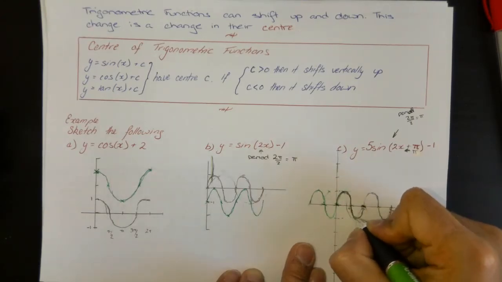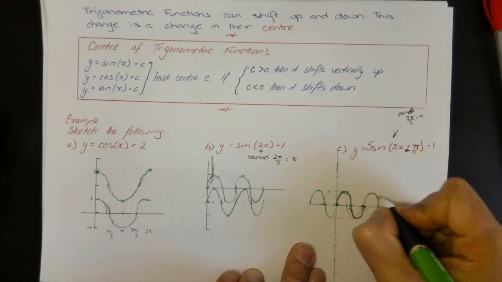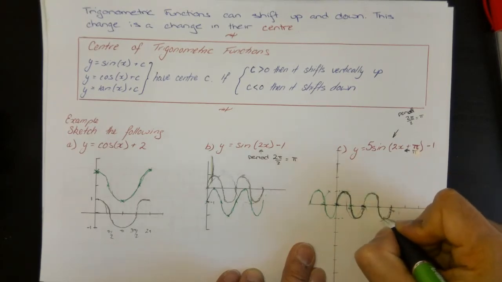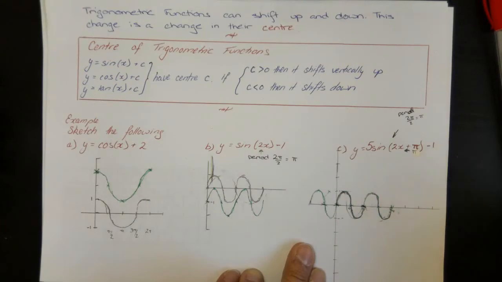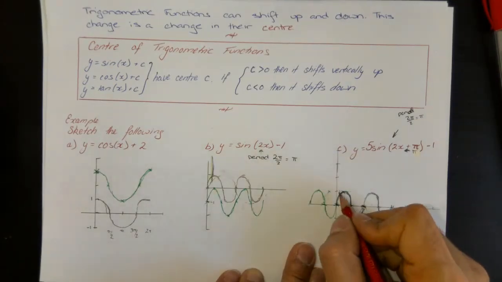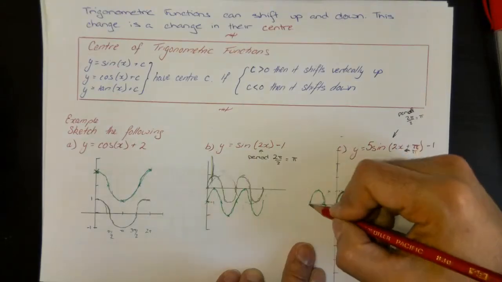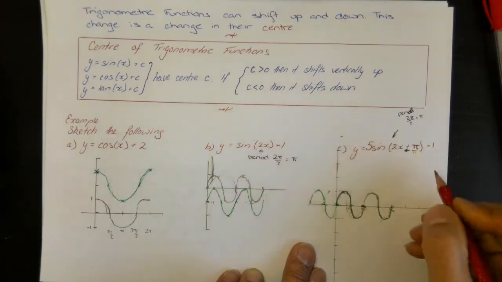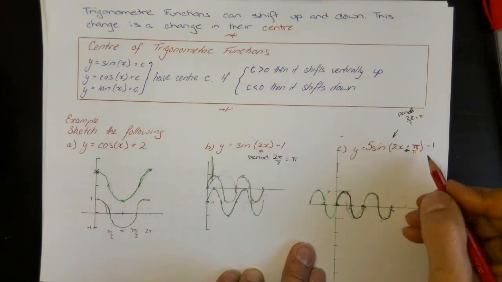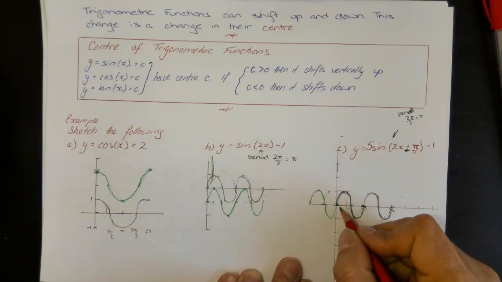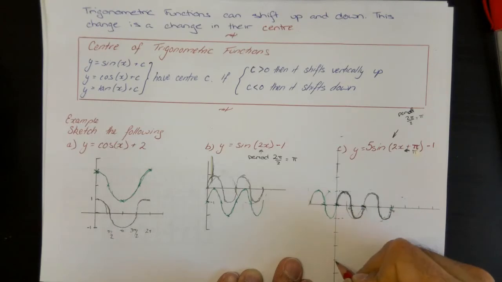Alright, so what we do is we still get this happening. It has an amplitude of 5. So 1, 2, 3, 4, 5. So it stretches it all the way. But then I shift it down to 1. So this will go 1, 2, 3, 4, 5.